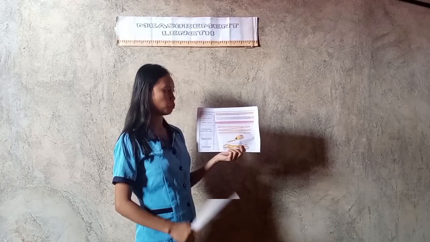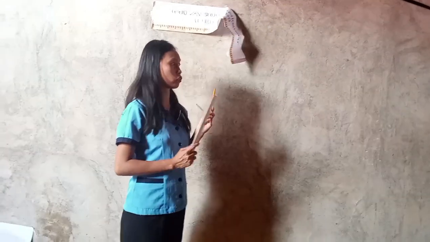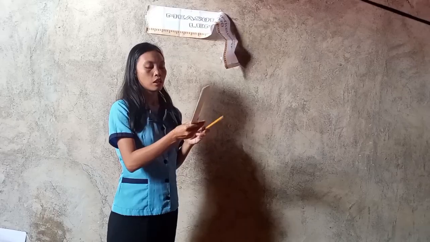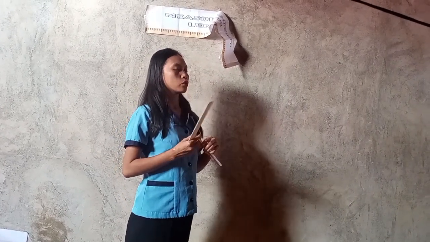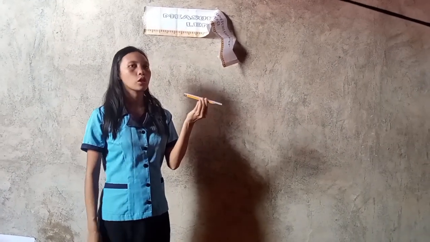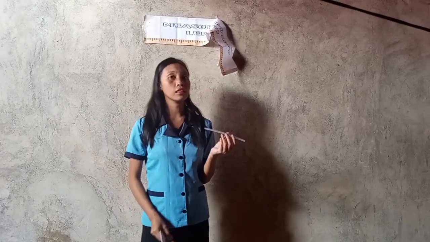The length of this glue stick is 18 centimeters. So we use this ruler to measure the small measurement of these two objects: the pencil, which is 15 centimeters, and the glue stick, which is 18 centimeters. To find the difference between these two objects, we subtract the 15 and 18 centimeters.